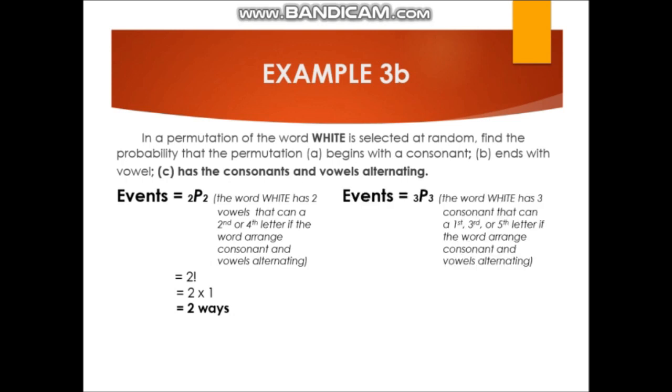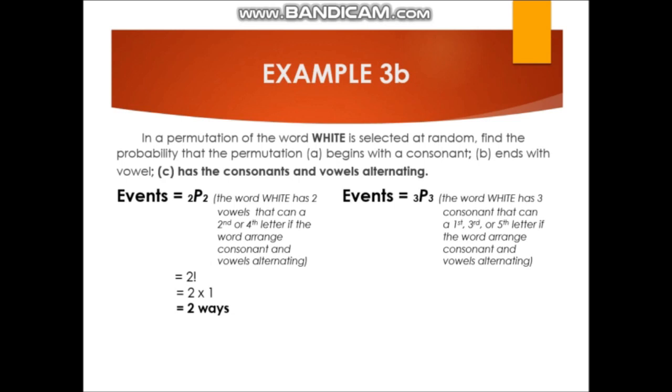Kaya ang gagamitin natin for that event is 3P3. So, pwede magpalit-palit ng pwesto yung W, H, at saka T. Ibig sabihin, pwede yung W is sa first position, pwede siya sa third position, or pwede rin naman siya sa last position. Ibig sabihin, pwedeng mag-position ang bawat letter na consonant sa first, sa third, or sa fifth position.